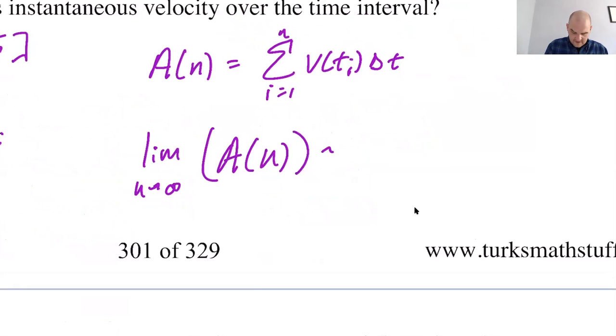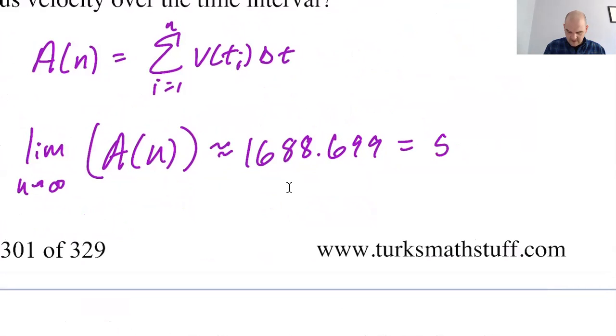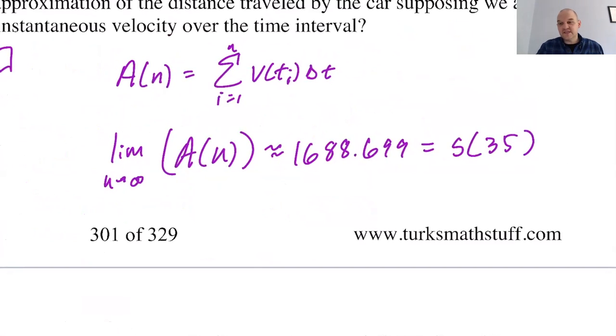So this gave us 1688.699, which is actually equal to, in this particular case, S of 35. And that was crazy. That was a long way to go to get here, but that was what we wanted to do. So we could do this and get the perfect answer, assuming we have a function. If we don't have a function, we're going to have more problems. But we had a function, so we were able to do it.